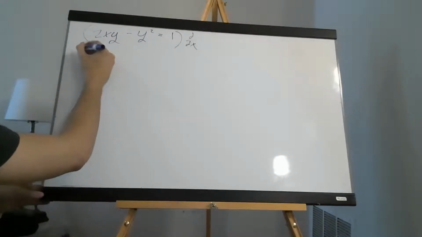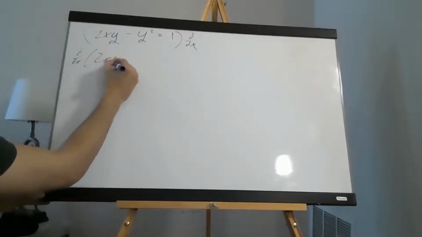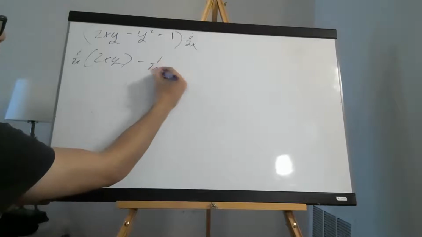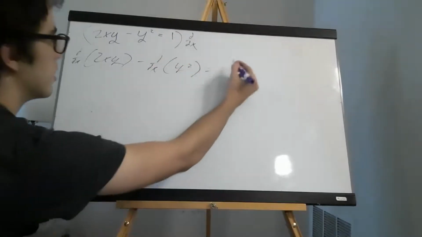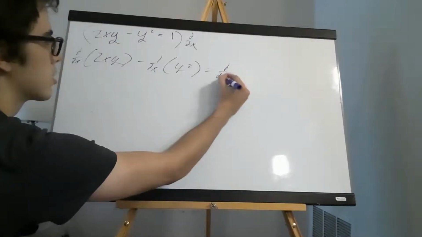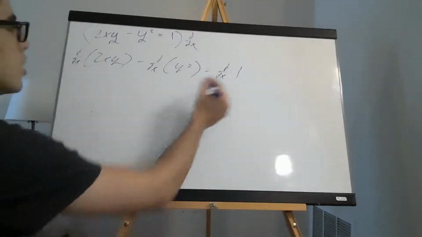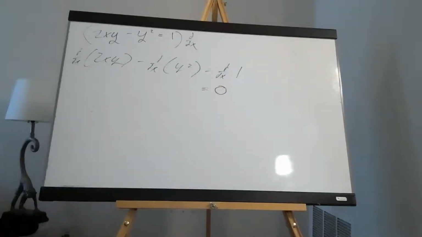So first, d dx of 2xy minus d dx of y squared is equivalent to d dx of 1, which we all know, the derivative of a constant is equal to 0. So we can just go ahead and do that real quick, get that out of the way.